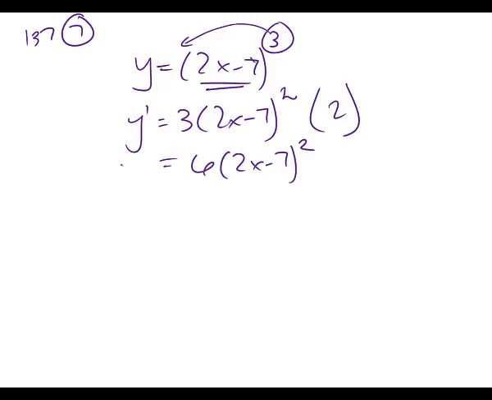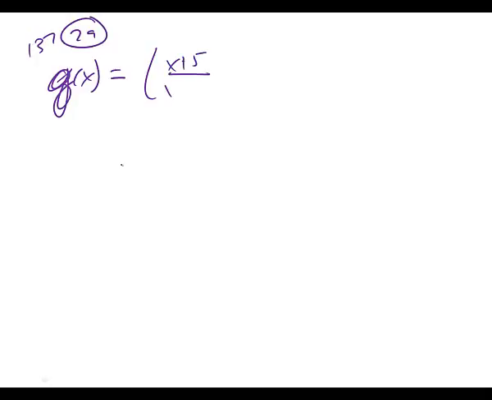What else? Are there any others that we haven't done yet, or did we do them all? I think we haven't done number 29. 137, number 29, where you've got the quotient rule inside the chain rule. This is one you would definitely not simplify. G of x equals x plus 5 over x squared plus 2, squared.